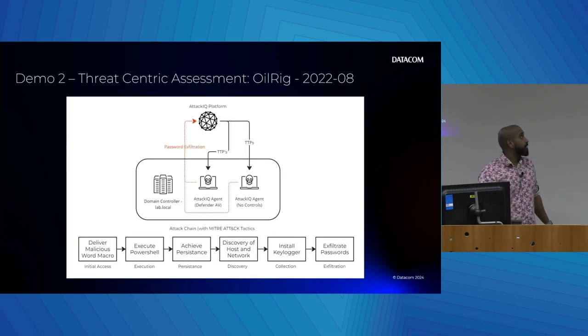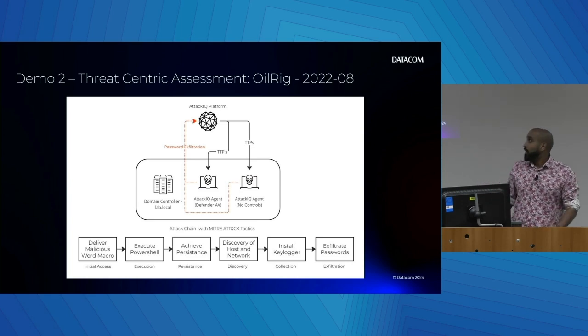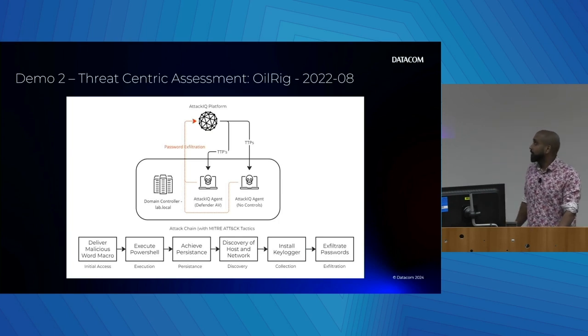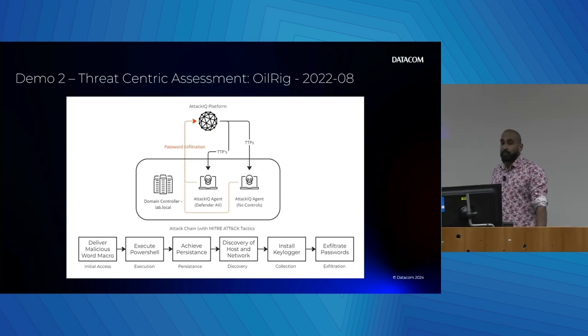The second demo I'll go over is a common threat-centric assessment, and this is from Oil Rig 2022. It was a group and attack chain that started from initial access, just think a really basic Word macro, all the way to the right of exfiltrating passwords.